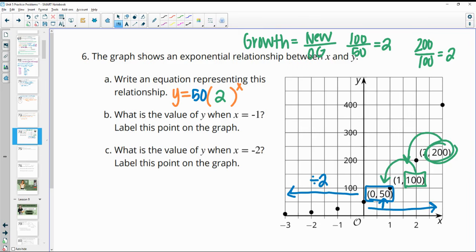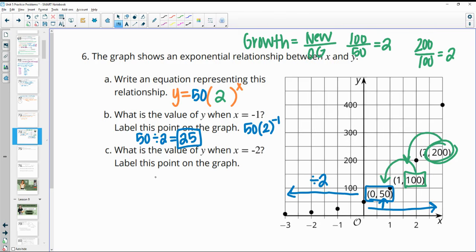So if our initial value was 50, back one growth period would be half of 50, or 50 divided by 2, which gives us 25. Or again, you can use your calculator and type in this, and it'll give you 25 as well.